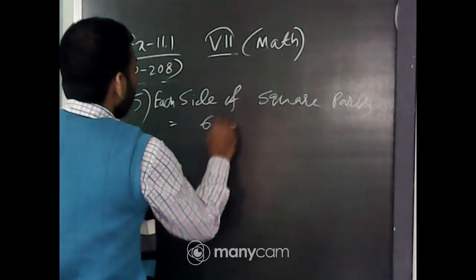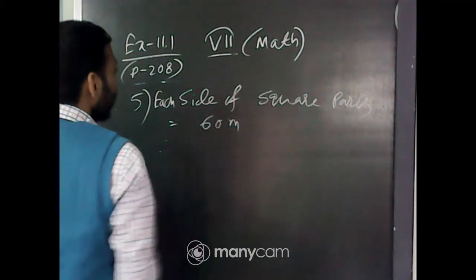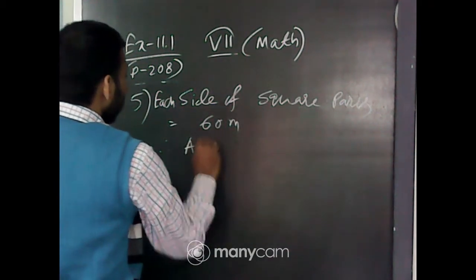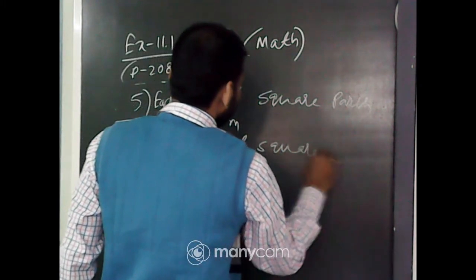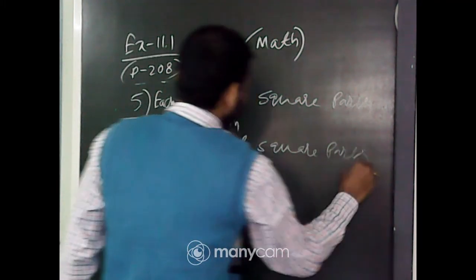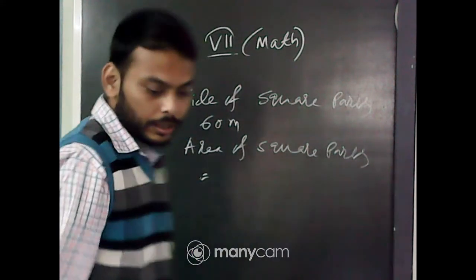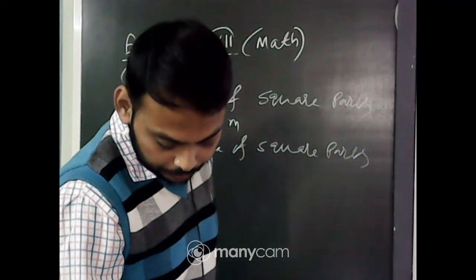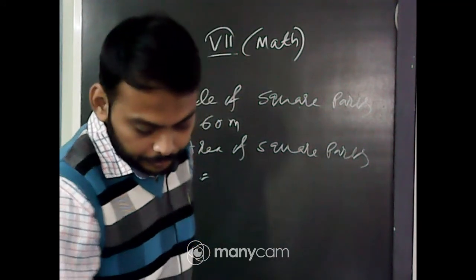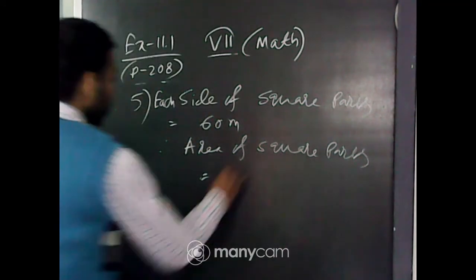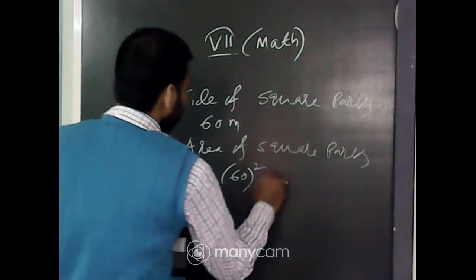You do it in your copy with me. So now tell me area of Square Park. What? Area of Square Park? Area of Square Park, that will be 60 square, isn't it?